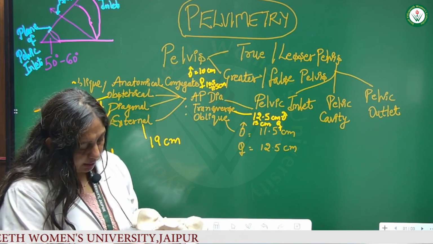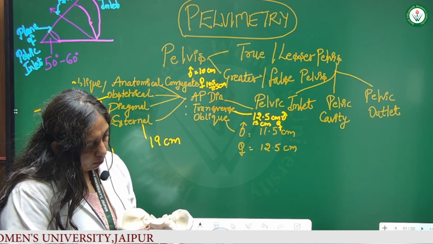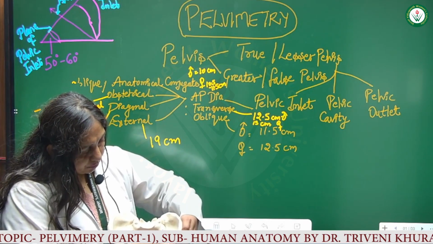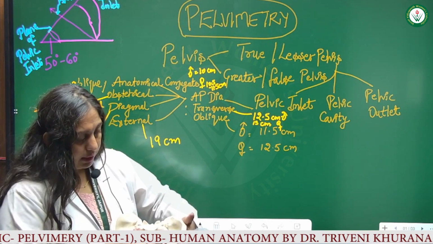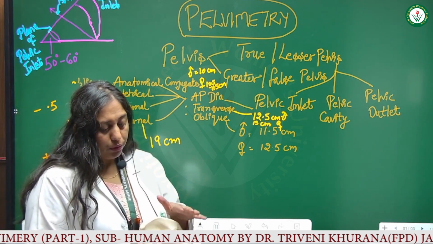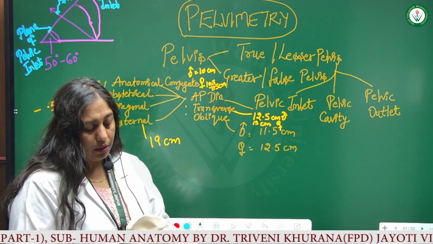When we put the scale on the right ASIS and measure it up to the left ASIS, it is approximately 21 centimeters. And the second diameter in the false pelvis is the intercristal diameter.